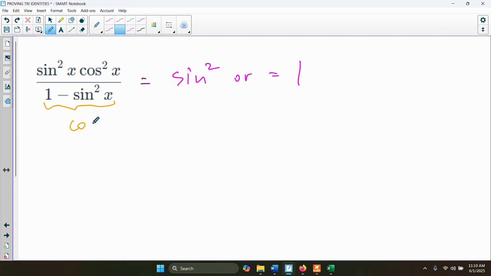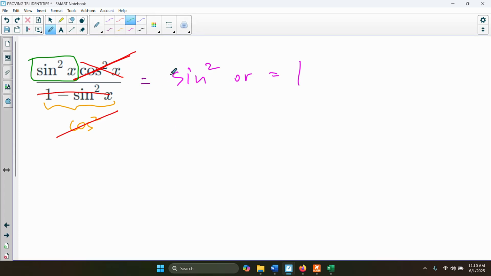This is cosine squared. If this is cosine squared, look what happens. The cosine squared and the cosine squared go away. So all of this goes away with this part, leaving you with just this. And there's nothing you can simplify. You can't simplify sine squared by itself.